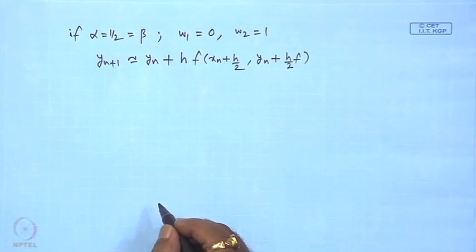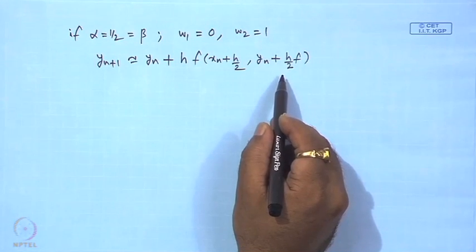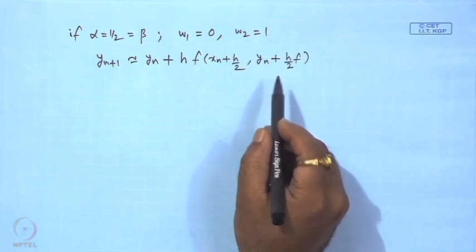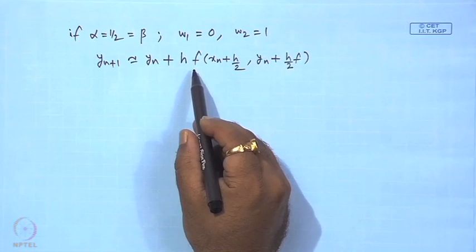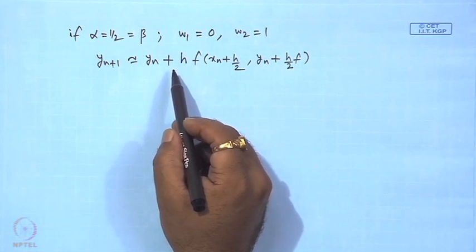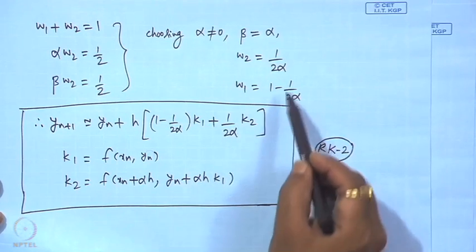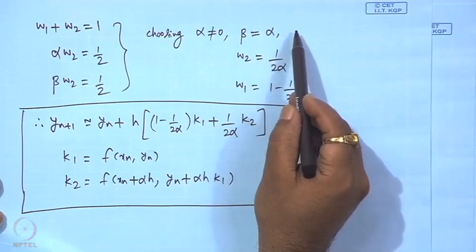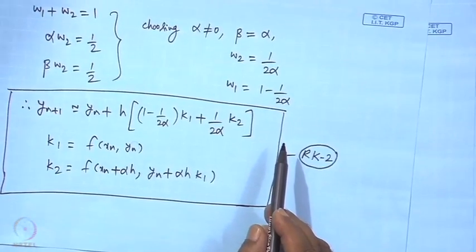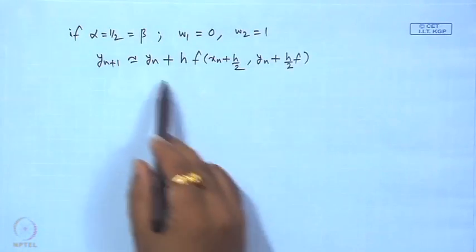Okay. So, this is the method we get. Alpha is half, so this coefficient vanishes. So, we get W 1 is 0, W 2 is 1 and beta equal to alpha equal to half. Okay. So, therefore, the method reduces to this one.